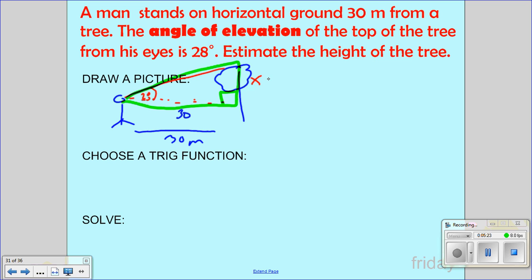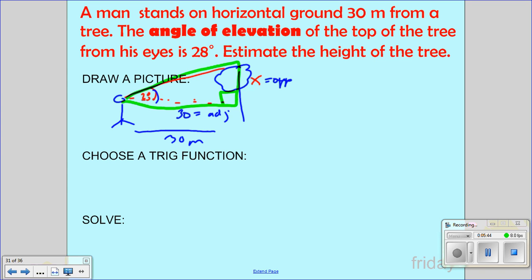And x, the height of the tree, we don't know, but in relation to the angle, x is opposite, so we do know that much. And 30 is adjacent. So we have the opposite side and the adjacent side to our reference angle of 28.